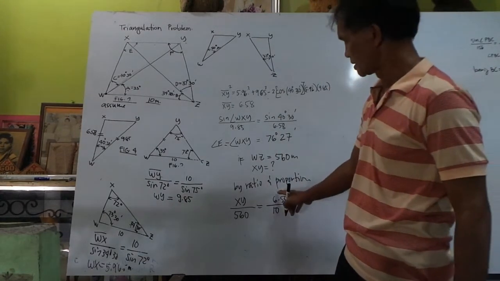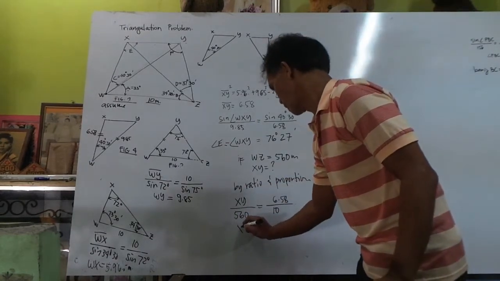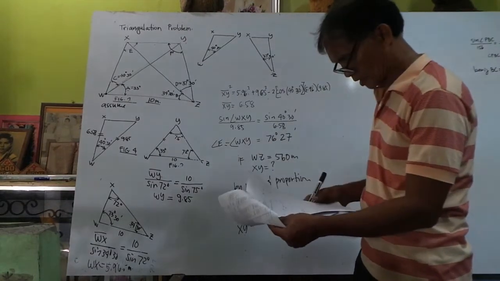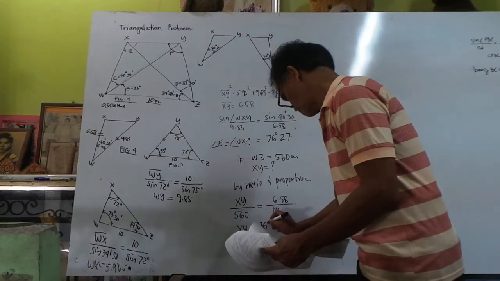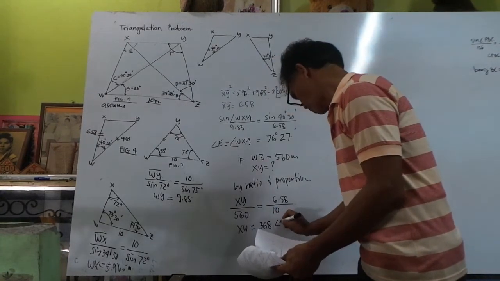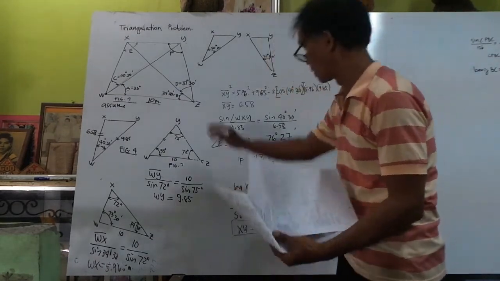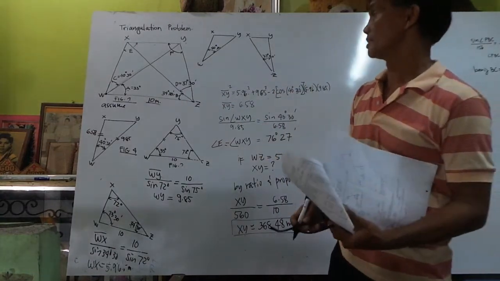This one is the small triangulation, and this one is the big triangulation. So the value of XY is equivalent to 368.48 meters, for the bigger triangulation with 560 as one of the sides. That's the answer.